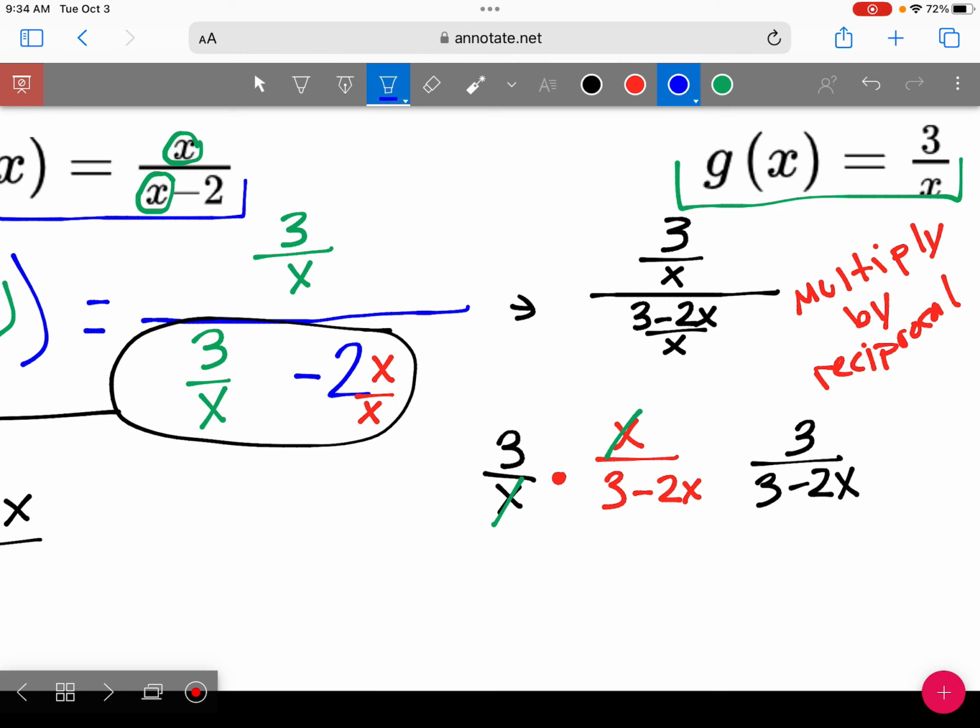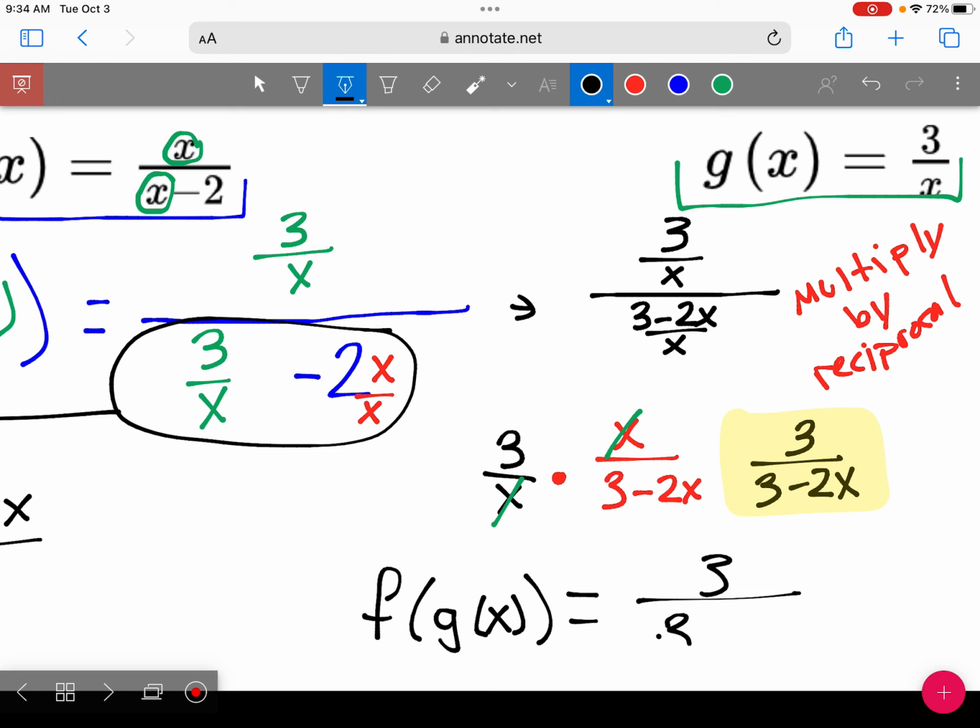No. I had a lot of people cancel things like that on the last stuff that we were looking at. If there's adding or subtracting, I can't cancel it. So we have f of g of x equals 3 over 3 minus 2x, and that's our function rule. I'm going to erase this highlight and redo it down here.